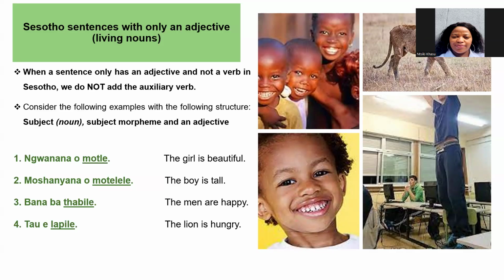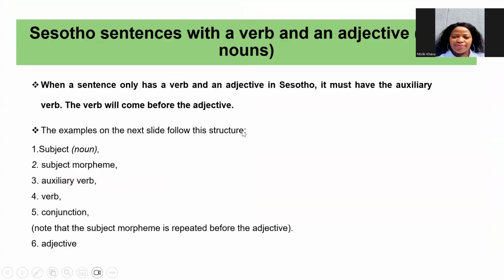So here are some examples. Ngwanana o motle. Moshanyana o motelele. Bana ba thabile. Tau e lapile.